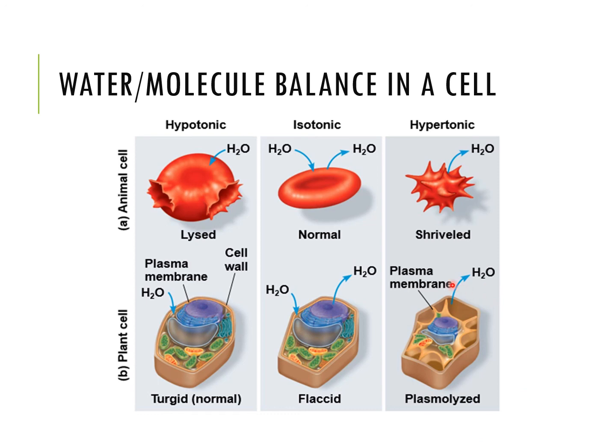And I wanted to bring up here, this is why it's important not to hydrate very quickly after you've been sweating a lot. Because if you hydrate faster than your cells can handle it, these cells can pop. Now, it takes a lot of water.